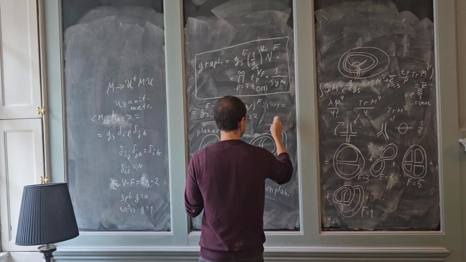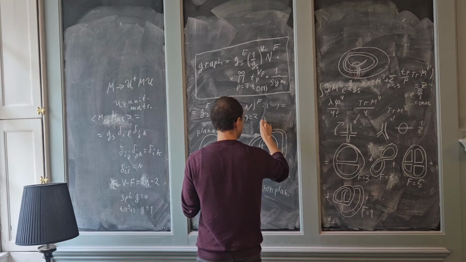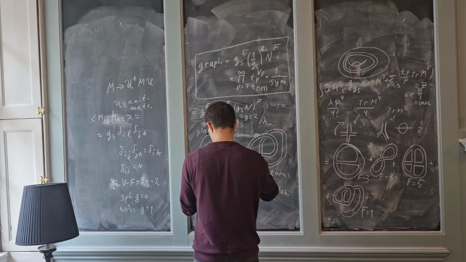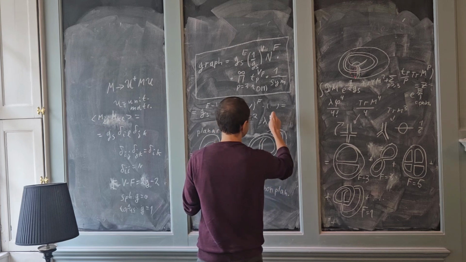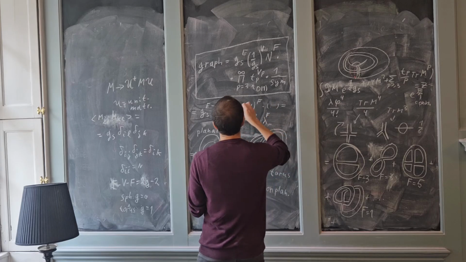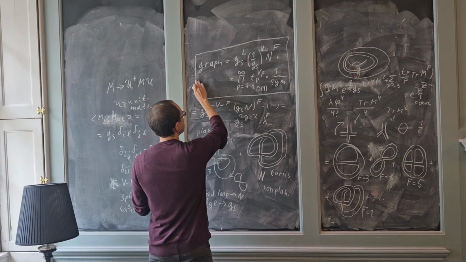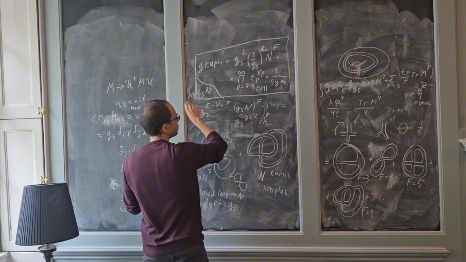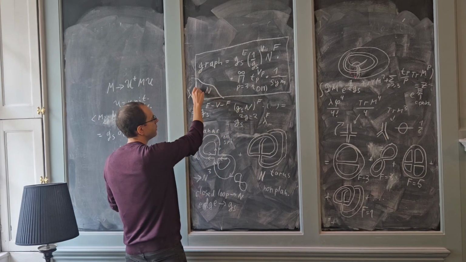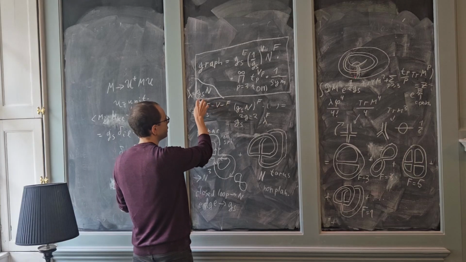And this g_s N, I can call lambda. Lambda is g_s N. And so from this formula, we see that it's natural to consider the limit when this thing is fixed, N goes to infinity, and g_s goes to 0.